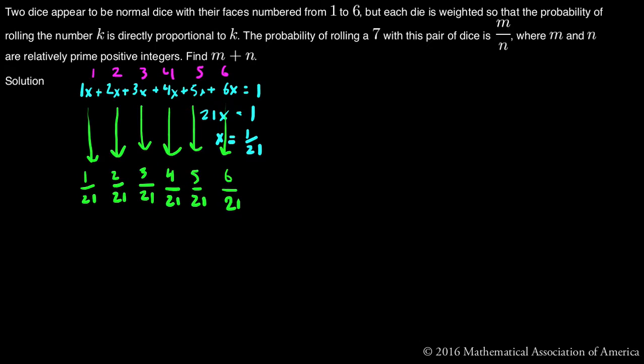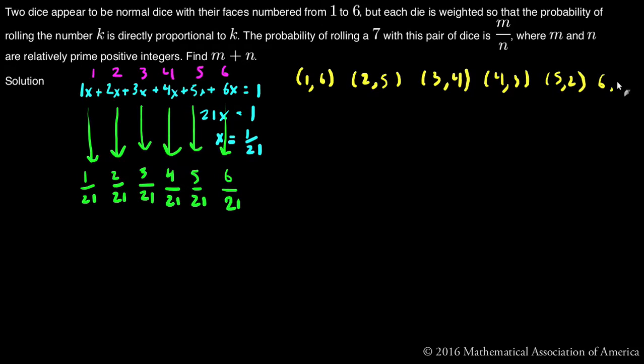Okay, now the next thing, the ways to get a 7 is to get either 1 and 6, 2 and 5, 3 and 4, 4 and 3, 5 and 2, or 6 and 1.